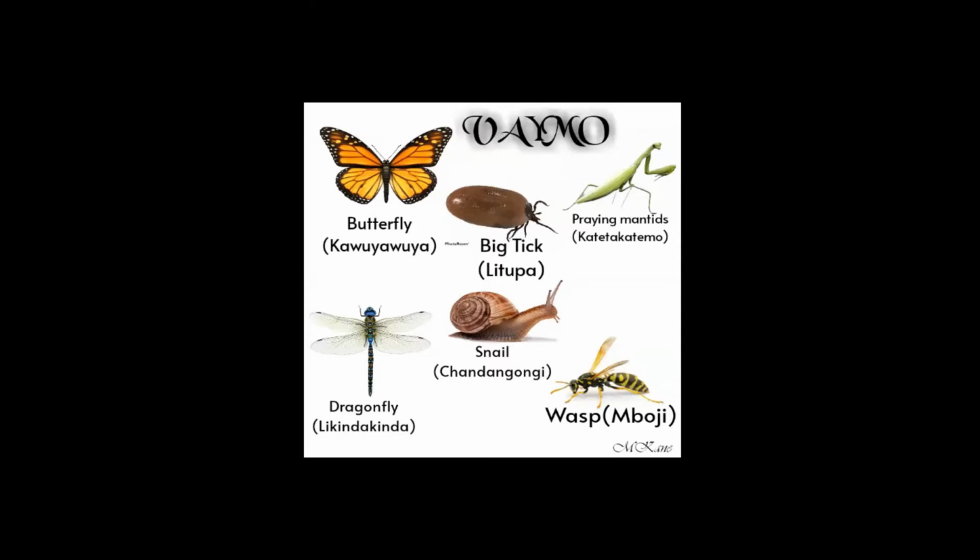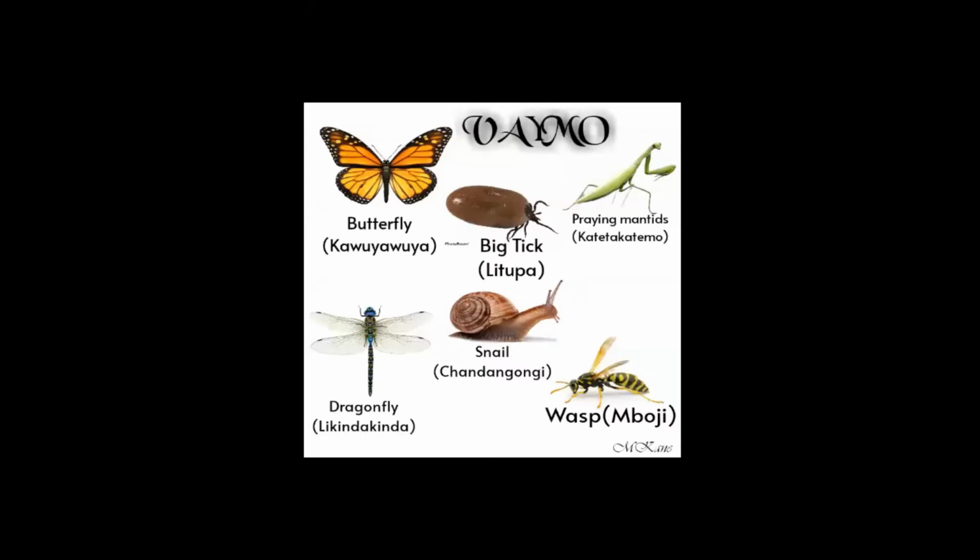Madam Longeshi, on the praying mantis, you are saying katetatemo, but the writing says katetakatemo. Which one do you say? Sorry, katetakatemo. Actually, this is the correct one, not katetatemo.